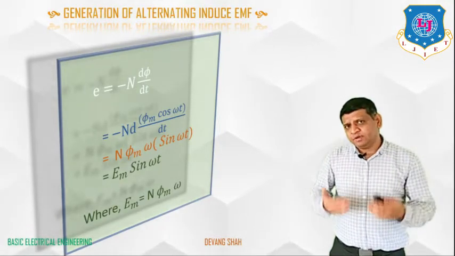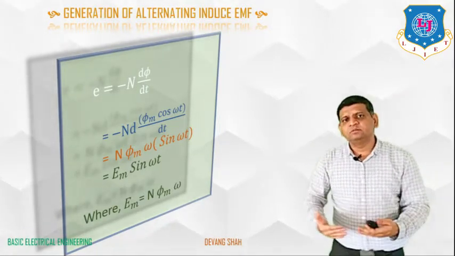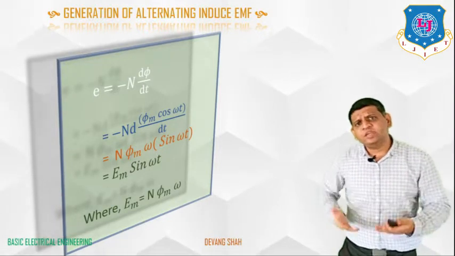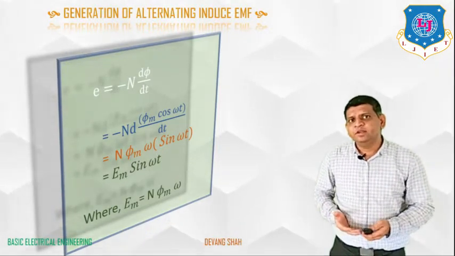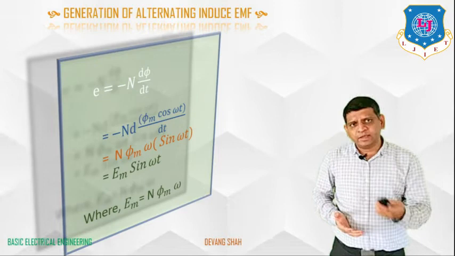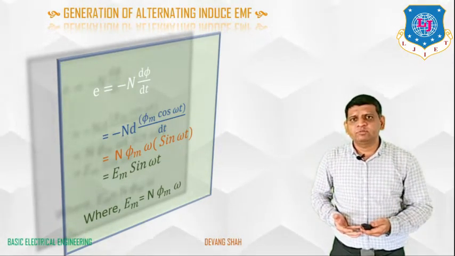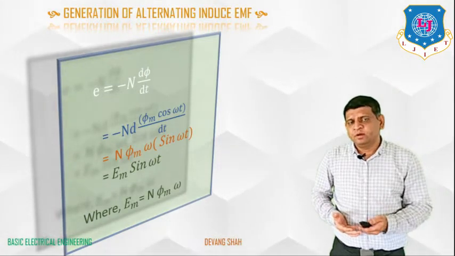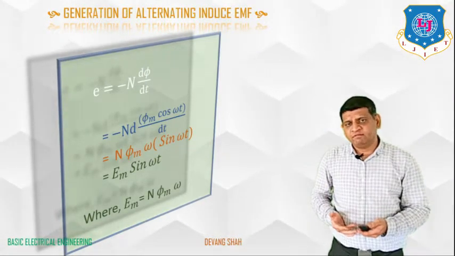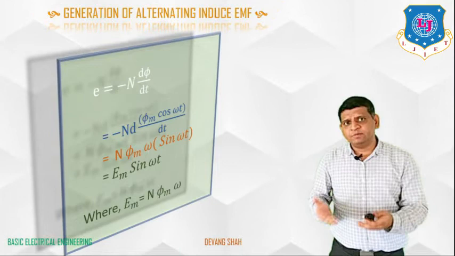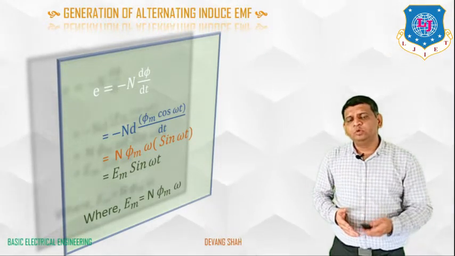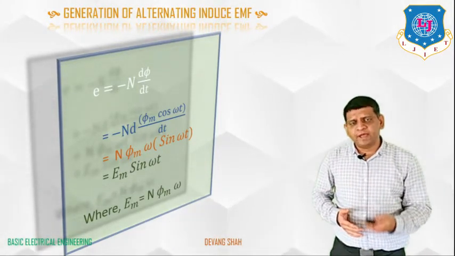So if you apply here the Faraday's law of induction, that produced EMF E is equal to minus n into d phi by dt. So phi equation, if I consider phi m cos omega t, and if I take the derivative of this term, I will find E is equal to Em sin omega t, where Em is called the magnitude, and that Em is defined as n into phi m into omega.